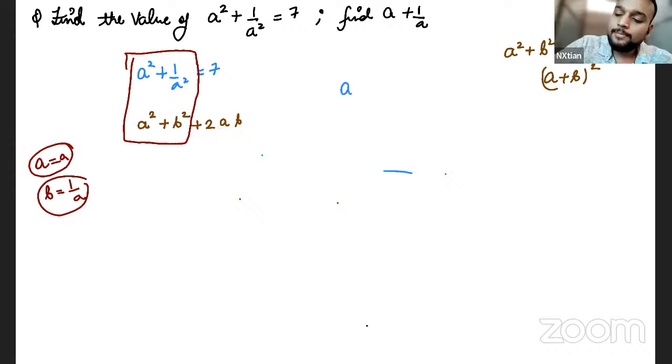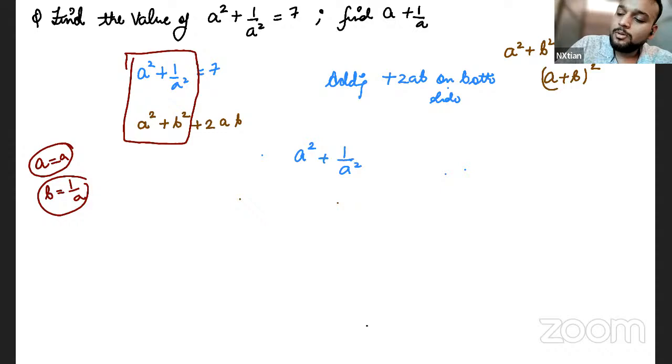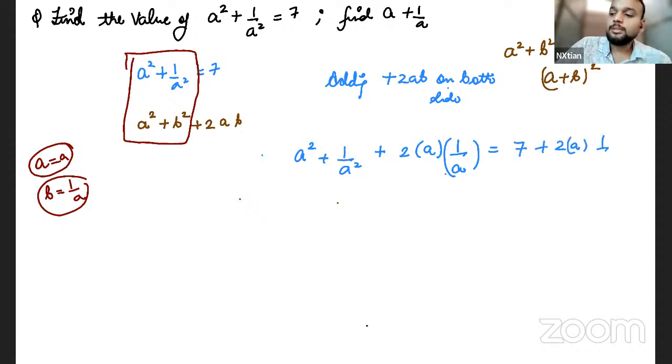I will write one straight line before doing this, adding plus 2ab on both sides. So a square plus 1 upon a square plus 2 into a, because a and b equals 1 by a, is equal to 7 plus 2 into a into 1 by a.